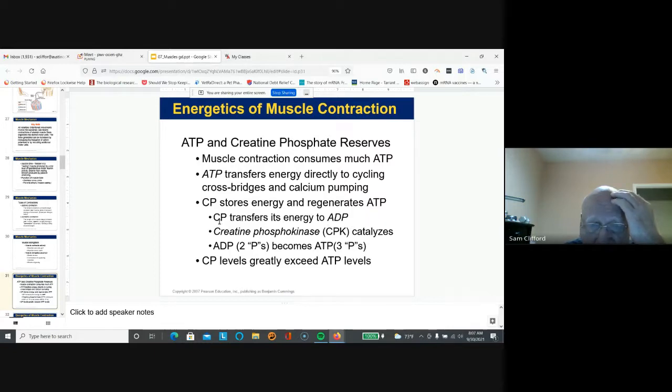So the energy stored in this phosphate bond is transmitted to ADP, which is released with phosphorus when the muscle myosin head relaxes. And the creatine phosphate is there to generate ATP. There's no muscle contraction without ATP.